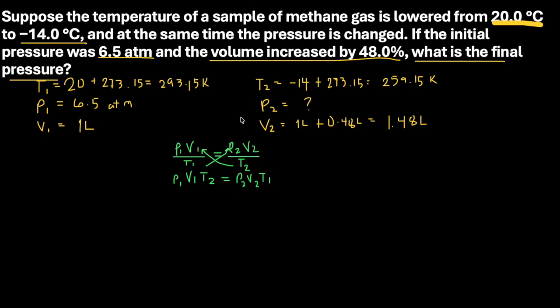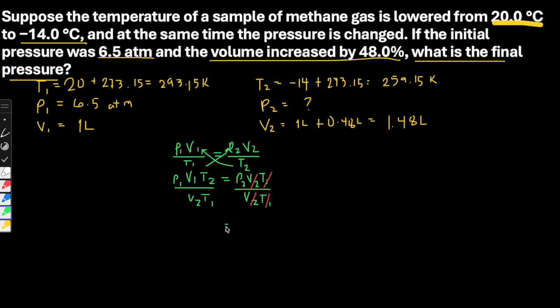And the problem is missing the P2, so we need to get P2. We need to get this one. So what you're going to do is divide both sides by V2 T1. Okay, so the V2 and T1 would cancel on the right side.